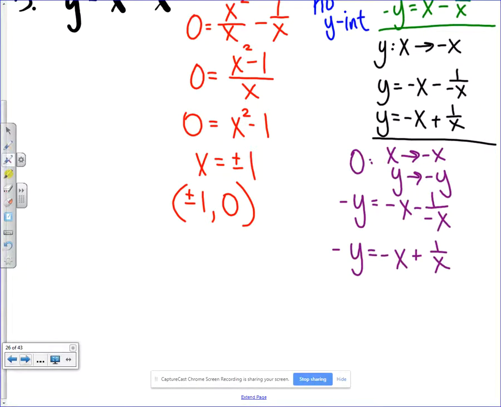How is that for everybody? Yes? How can I recreate the original problem from this? Divide everything by a negative. Is that legal? As long as you do everything, it's okay. If I divide this by -1, divide both of those by -1, I get back to my original equation. So this thing does have origin symmetry.